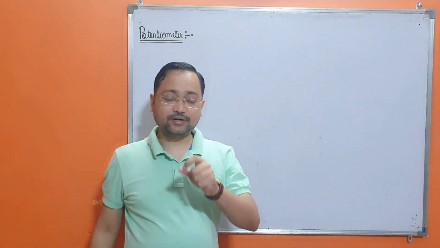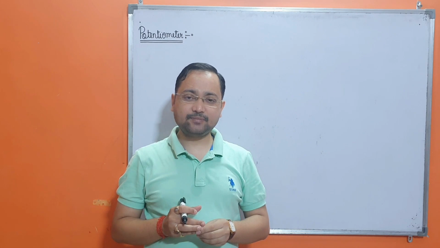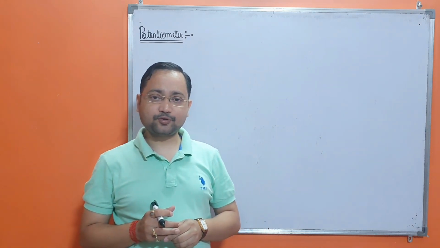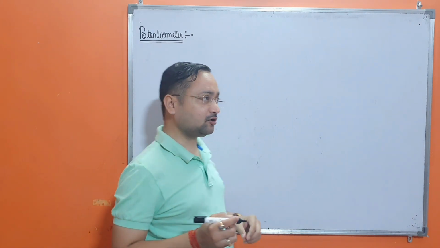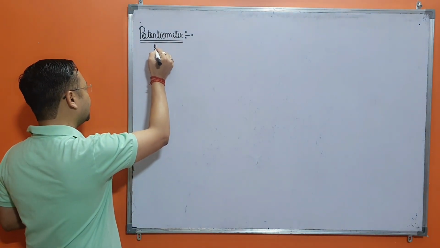So beta, potentiometer is a device which is used to measure the EMF of the cell and potential drop across the length of the wire. So what is the potentiometer?